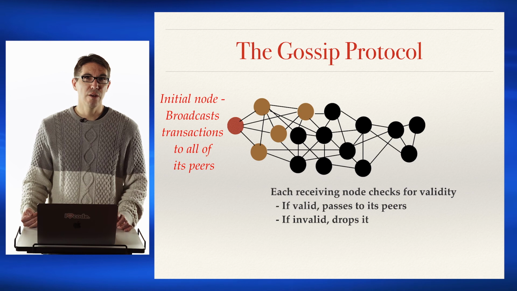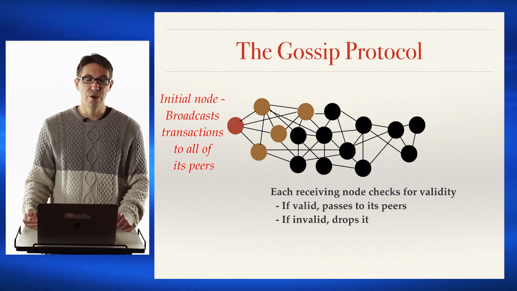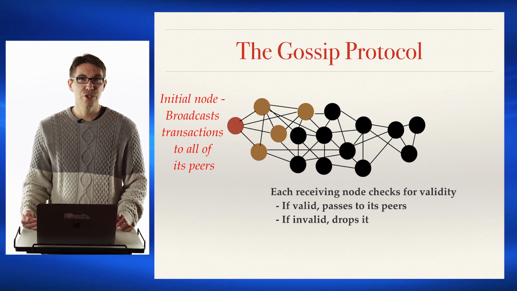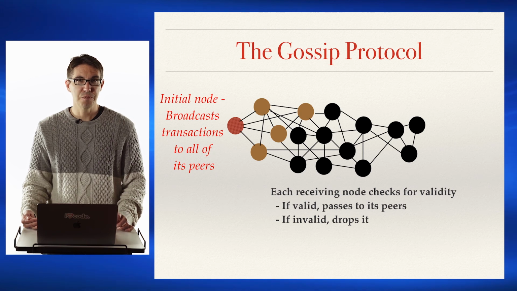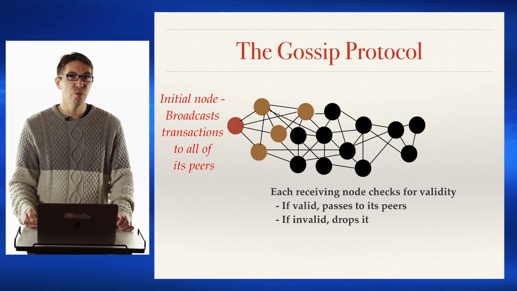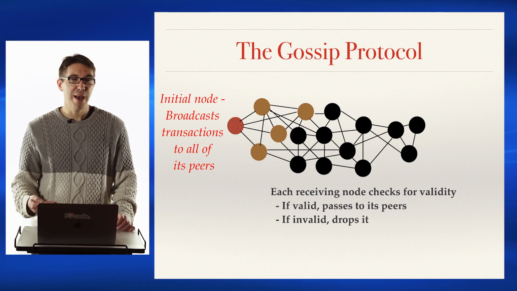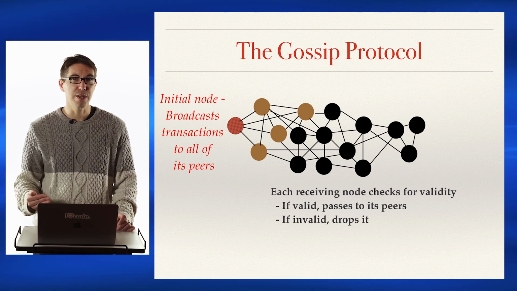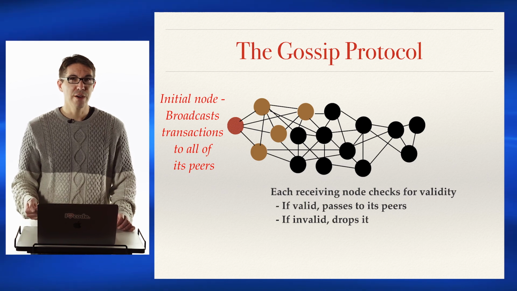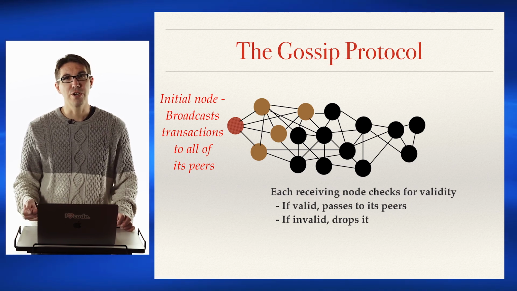Eventually, all of the nodes on the Bitcoin network should know about this transaction. Note that at this point, we haven't put anything into blocks. Miners are going to package up these transactions and put them into blocks, but right now they're just living in what we call the mempool or transaction pool.